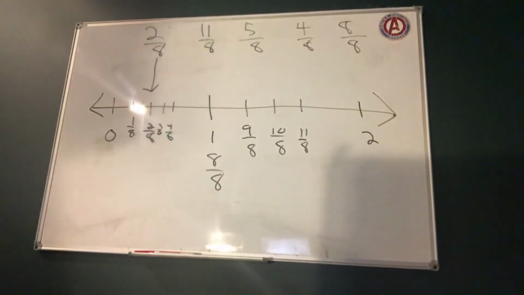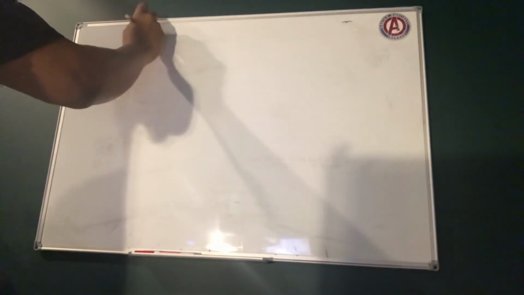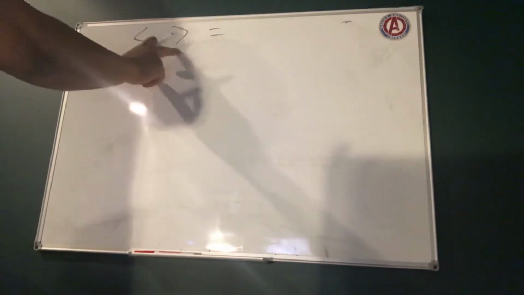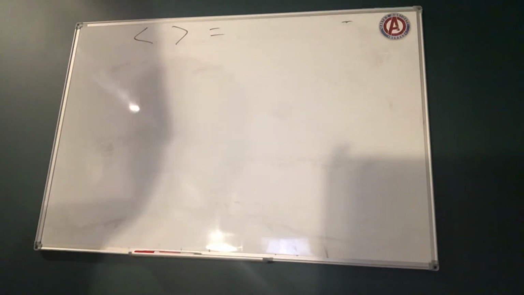And now we're going to look at comparing some fractions using greater than, less than, or equal to. Now remember we said when we're looking at greater than, less than, or equal to, Pac-Man eats the larger piece.